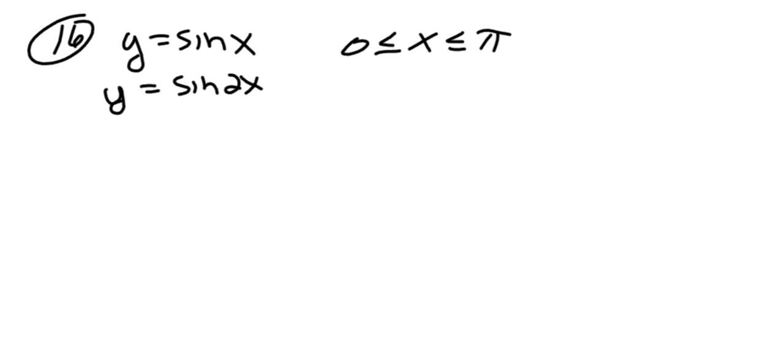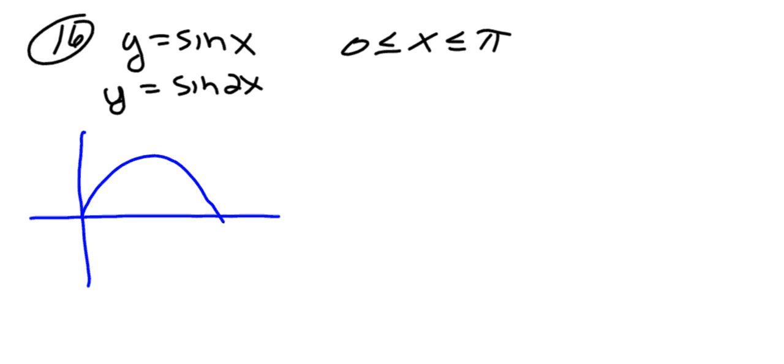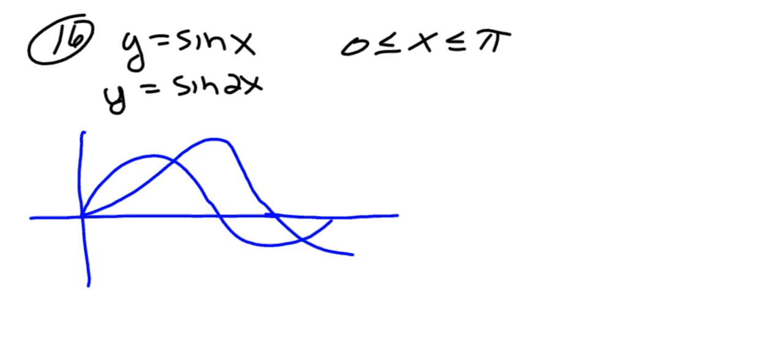If I go to graph this very loosely, I get sine x, and then I'm going to get sine of 2x. So my problem becomes I have this area, and this is a very loose sketch of what it should be. It's not quite exact, but my key is to show you there's two problems. Which one is my upper and which one is my lower?